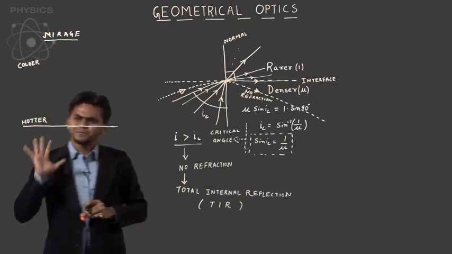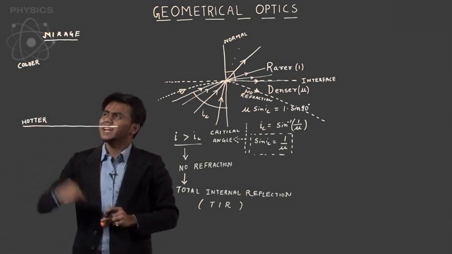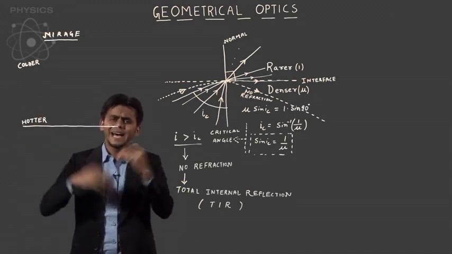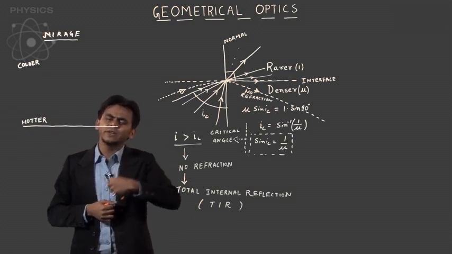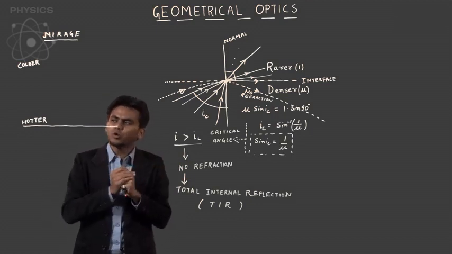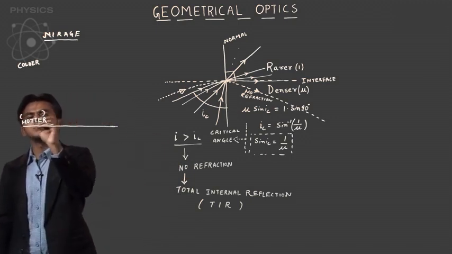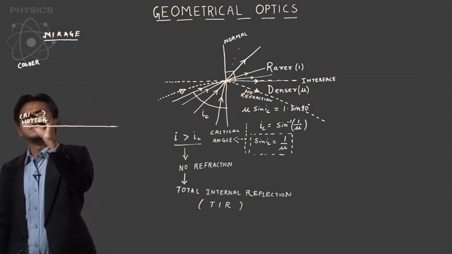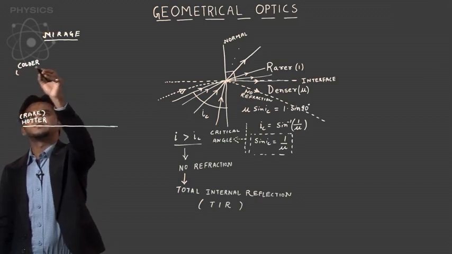And naturally, hotter air means less dense air, and colder air means higher density of air, and mass density of air is somewhat related to optical density too. So this becomes your rare medium, and this becomes the dense medium.